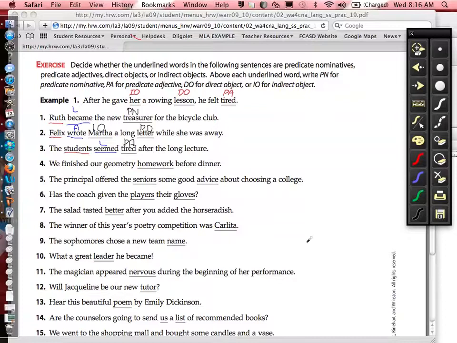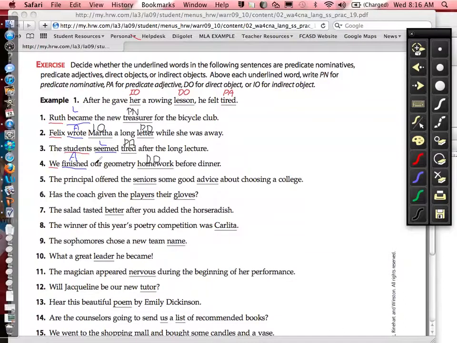Number 4. We finished our geometry homework before dinner. What's the subject? We. What's the verb? Finished. Is that an action or a linking verb? Finished is an action. We finished what? We finished homework. Homework is the direct object. Now, some people in this case would say, but isn't our whose homework we finished?